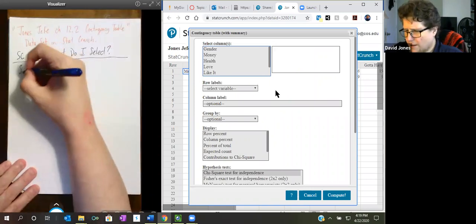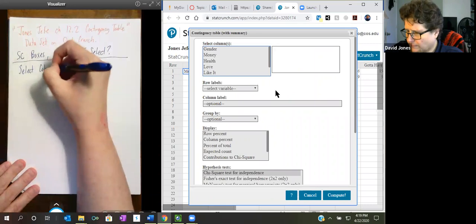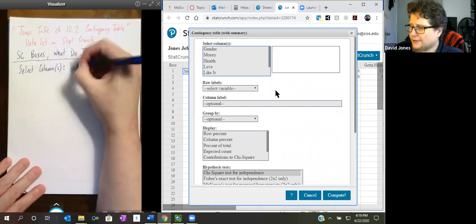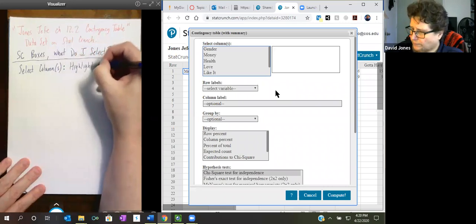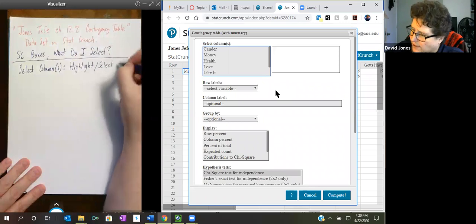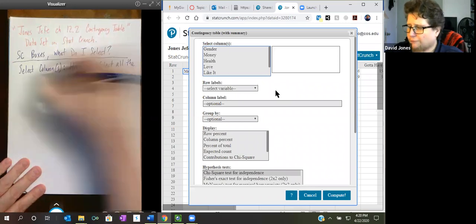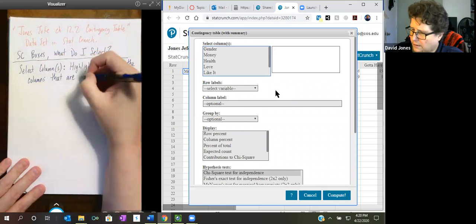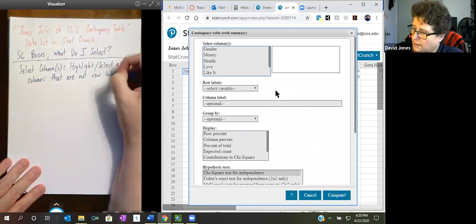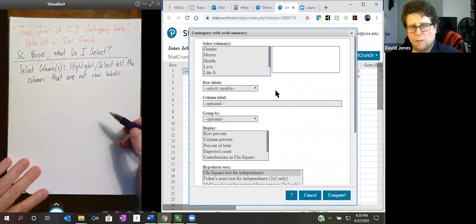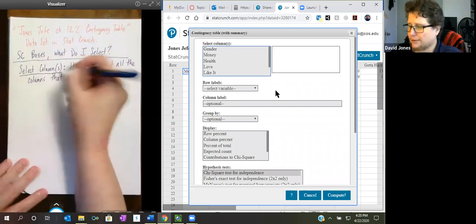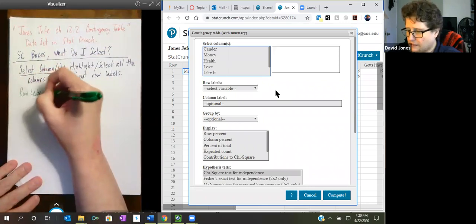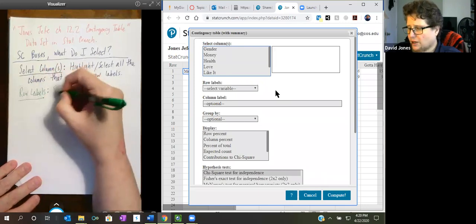In the box that says select columns, here we want to highlight or select all the columns that don't have row labels, because the very next box is row labels, and that's where we're going to tell it where to find the row labels. Select the column with the labels.